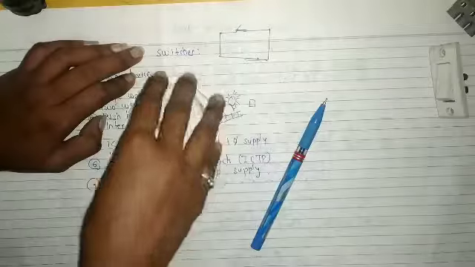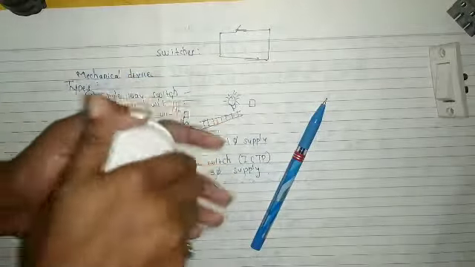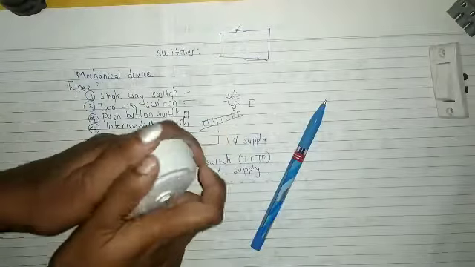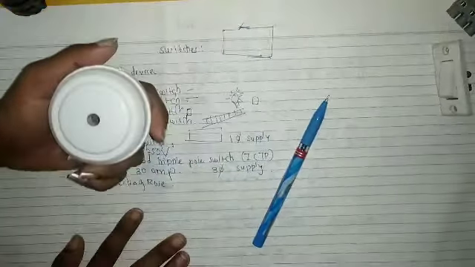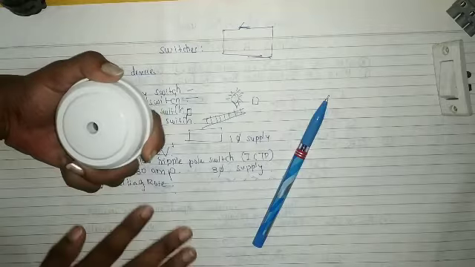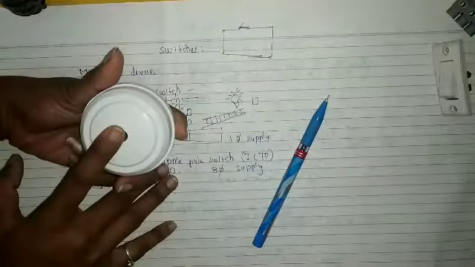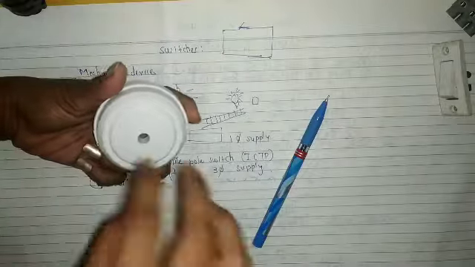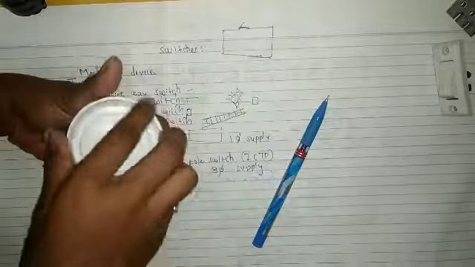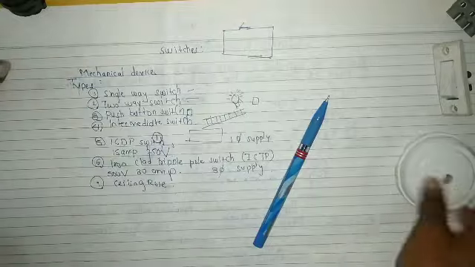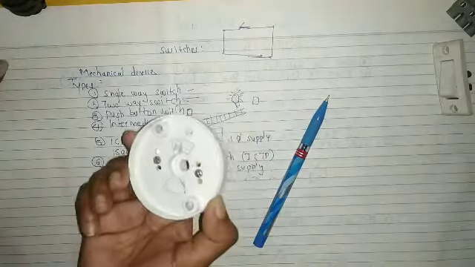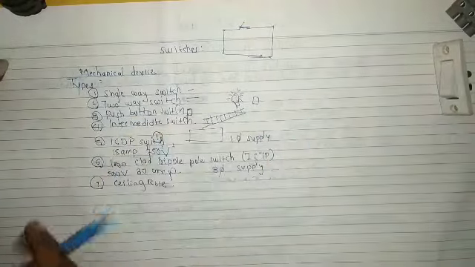So this is a ceiling rose. Where do we use a ceiling rose? These are used for connection to the fluorescent tube, ceiling fans and pendant holders. So this is about the ceiling rose.